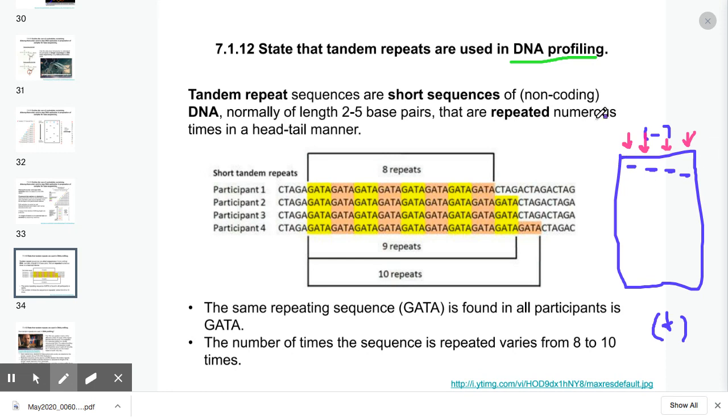And they use gel electrophoresis for DNA profiling for like a crime scene, or maybe they want to figure out who the real father is. And so individual A might be a suspect, individual B might be a suspect, individual C might be a suspect in a crime.